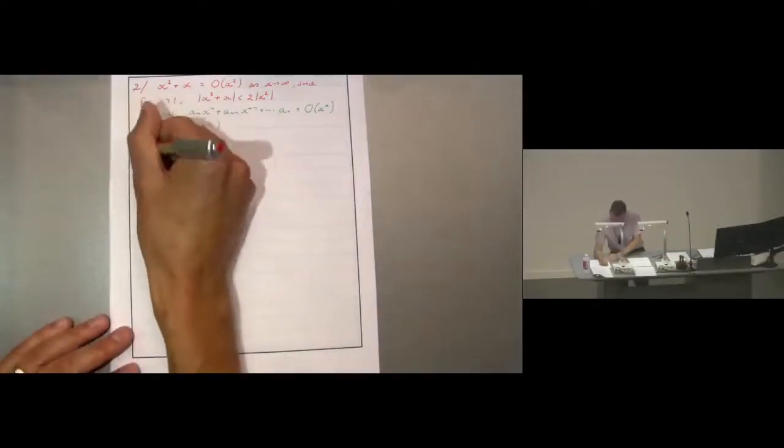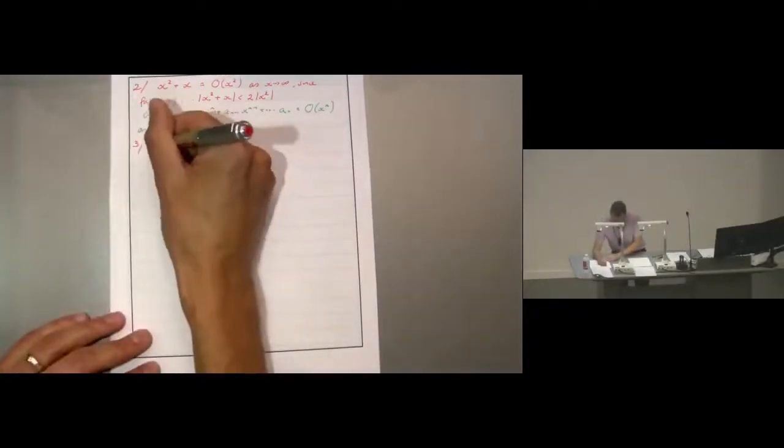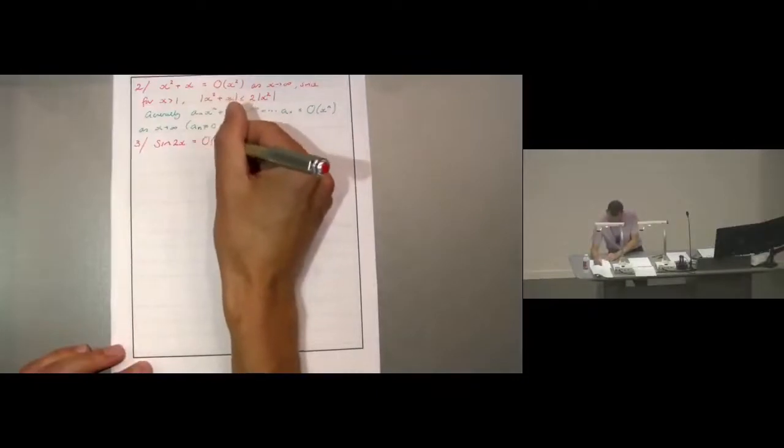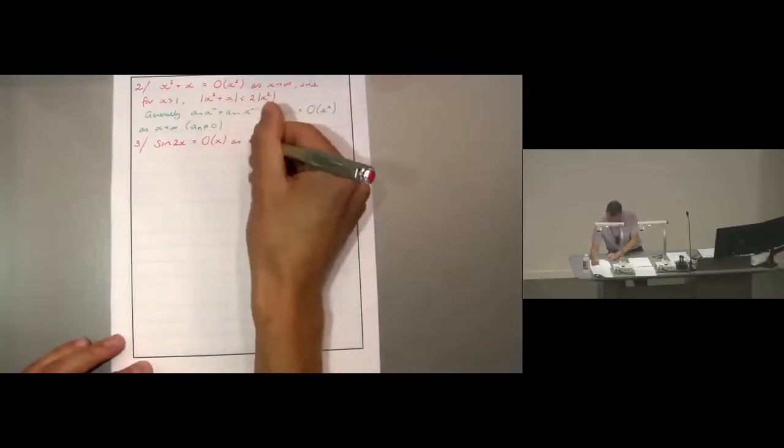When a_n is not equal to 0. Okay, and a final example, let's just think about the function sine 2x as x goes to 0, and this is big O of x.